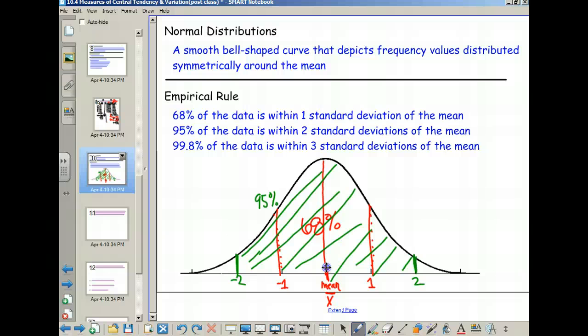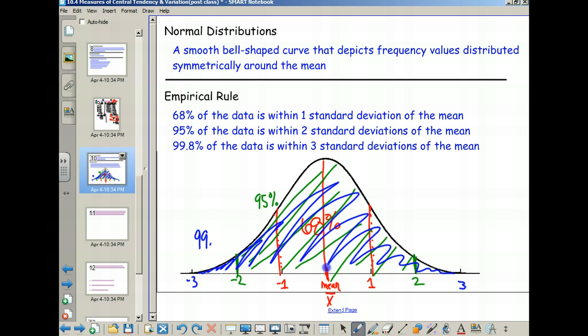And then if we go out one further to -3 and 3, and I'll mark it in blue, this includes 99.8% of the data values, virtually everything.